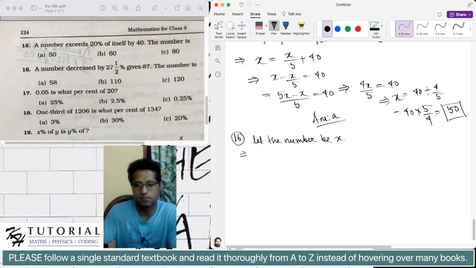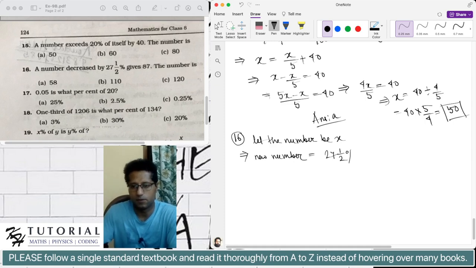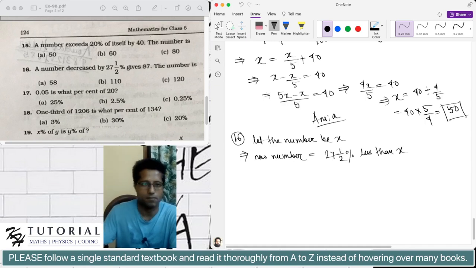So this implies the new number is equal to 27.5% less than x. Sorry, problem 16: A number decreased by 27.5% gives 87. So when the number is decreased by 27.5%, then the new number will be 27.5% less than x. Now, what is 27.5% less?